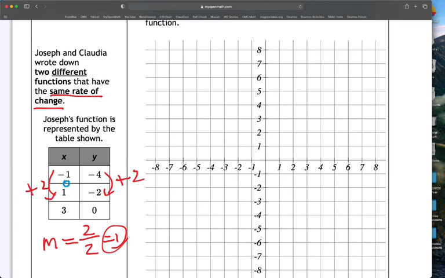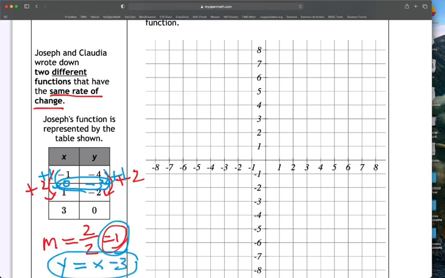But I could use the idea that we know the slope is 1, so we would have to be adding 1 to -4 to make -3. And then, of course, we added 1 right there to get from -1 to 0. So that means Joseph's y-intercept is -3. So Joseph's equation is y equals 1x, or y equals x minus 3.